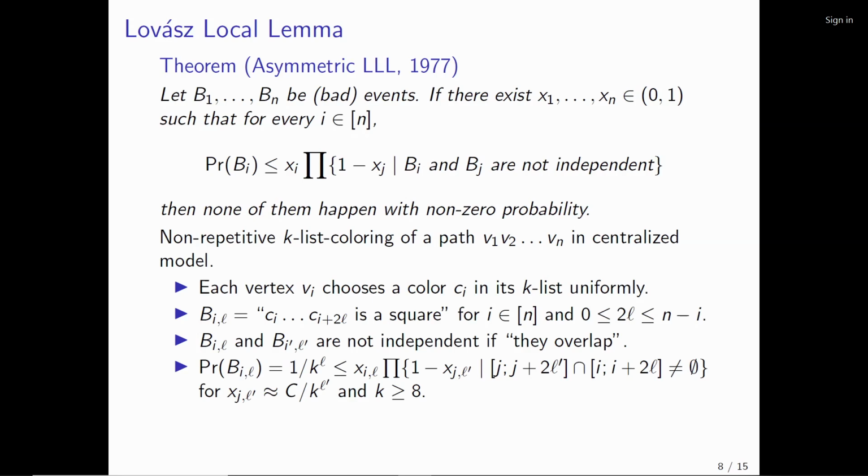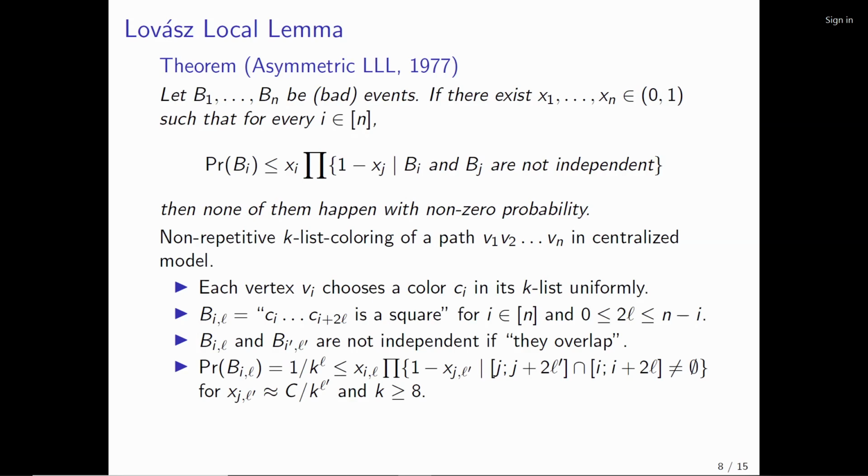You can be more precise in this. And you sort of have this bound on the dependencies between your events just from this observation that these intervals overlap. Yeah? This gives you the maximum number of events you can overlap with. Right? And so if you just choose these carefully, it works for k at least 8. I think if you choose it very carefully, it might work for k at least 6, something like this.